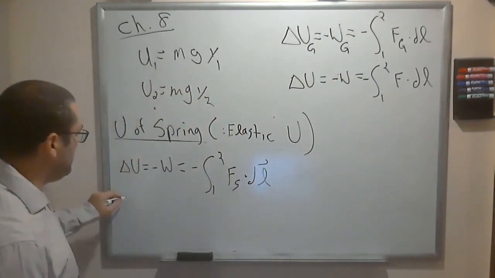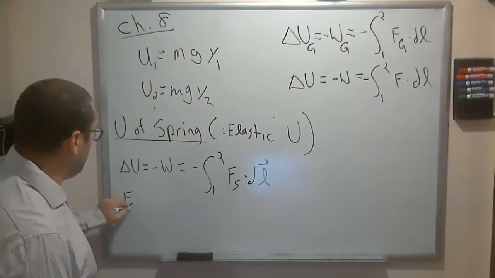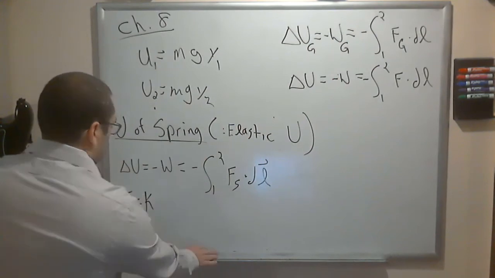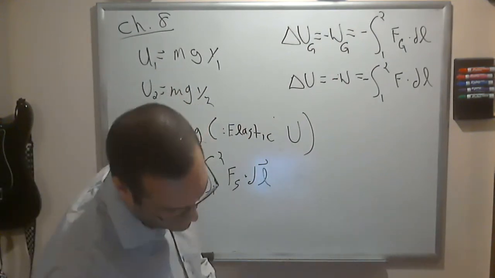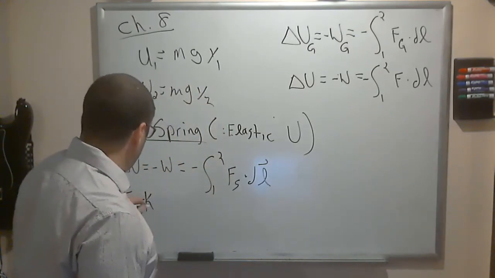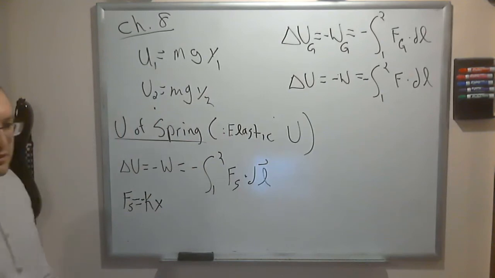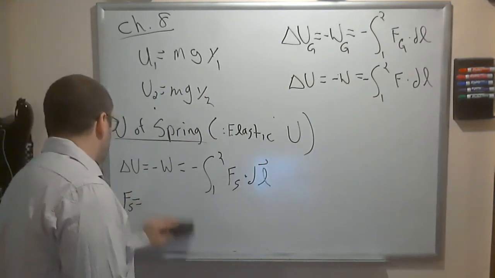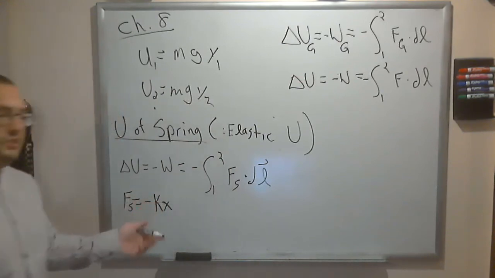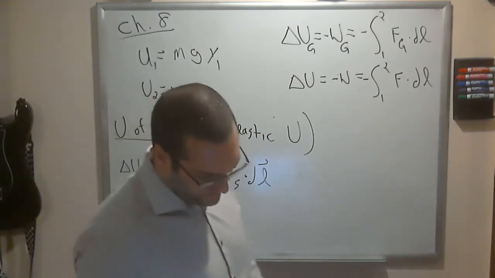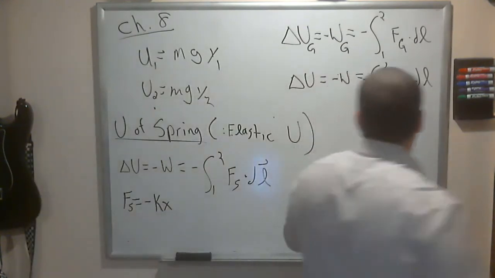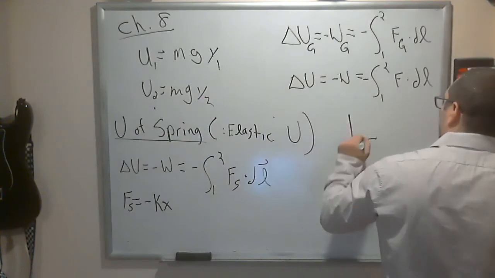So what is a spring? The force of a spring is equal to negative kx, where x is the distance from equilibrium, right? So let me just draw it out.